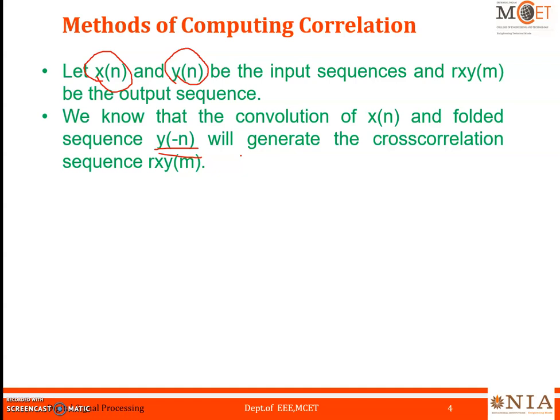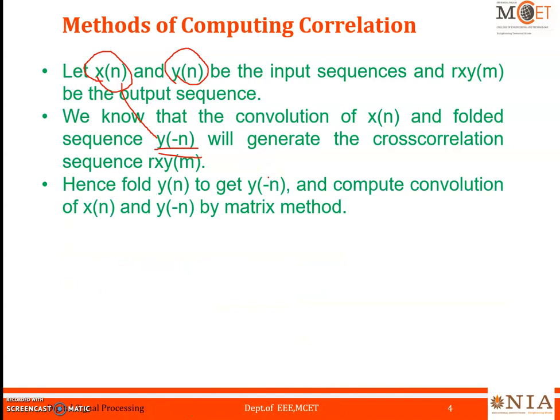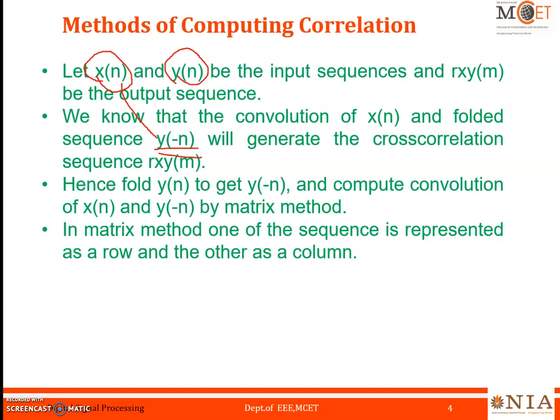The x of n value you can take as it is, but for y of n, you have to fold the sequence, that is y of minus n. Now perform the correlation between x of n and y of minus n using the matrix method as usual. In the matrix method, one sequence is represented in a row and the other sequence as a column.